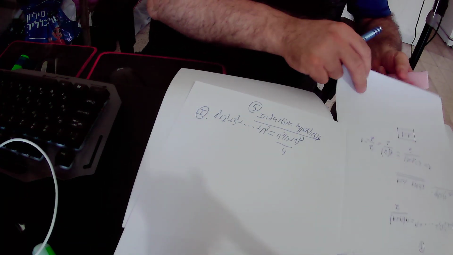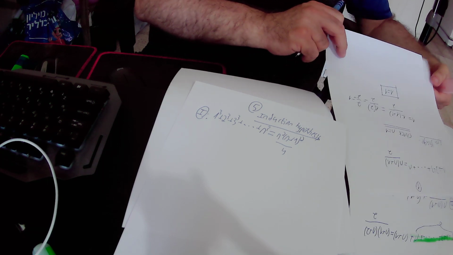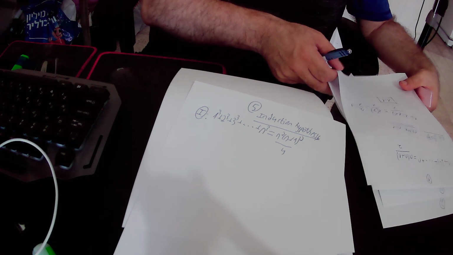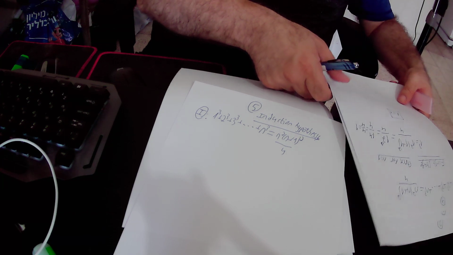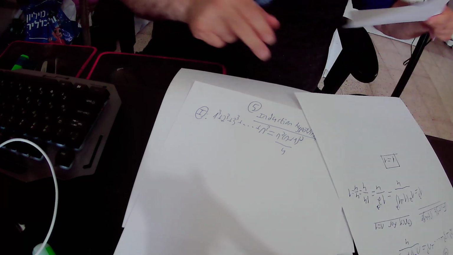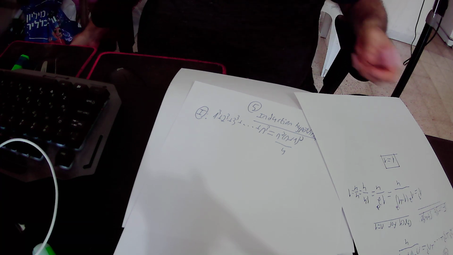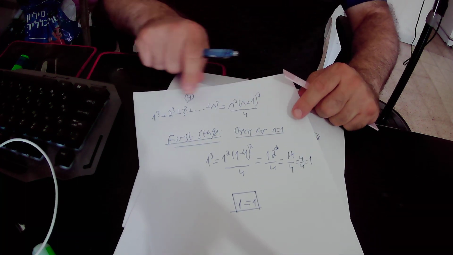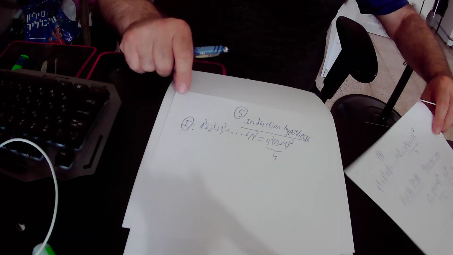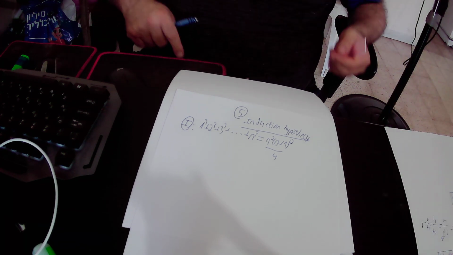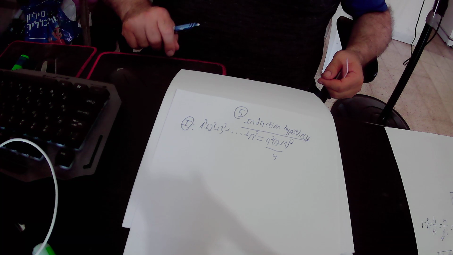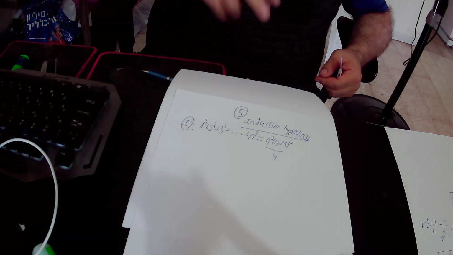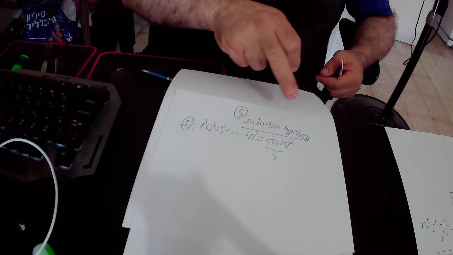Okay, the statement for n is exactly as the original statement. That is to say, it is 1 to the power of 3 plus 2 to the power of 3 plus 3 to the power of 3 plus ... plus n to the power of 3 equals n squared times (n plus 1) squared, all divided by 4.